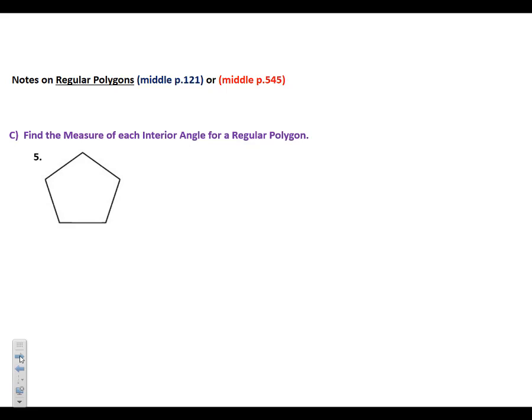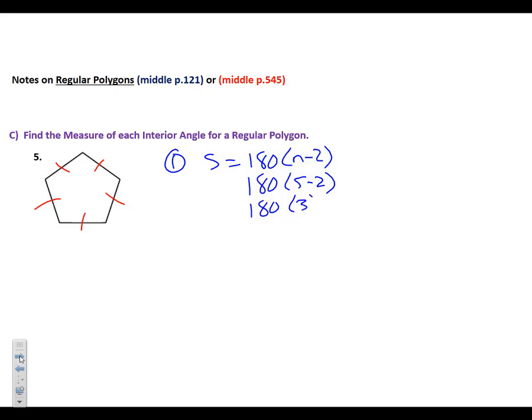So the first thing we have to do, well, what's the total sum of these angle measures? So 1, 2, 3, 4, 5 sides. We're going back to our first video, and we're saying S is equal to 180 times n minus 2, and 180 times 5 minus 2, which is 180 times 3, which we know is equal to 540 degrees.